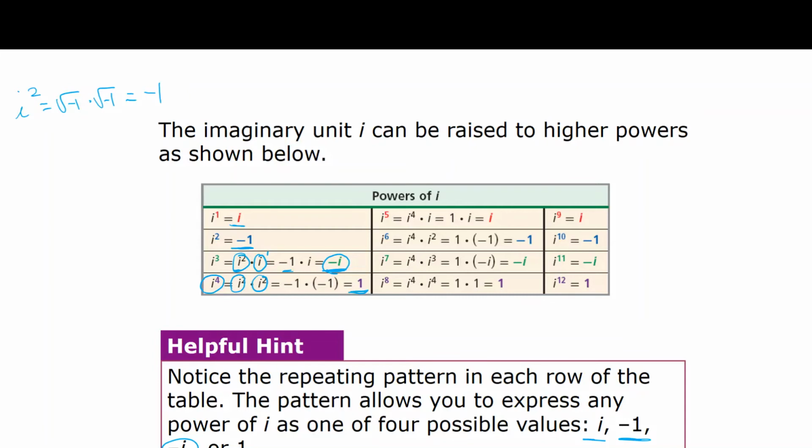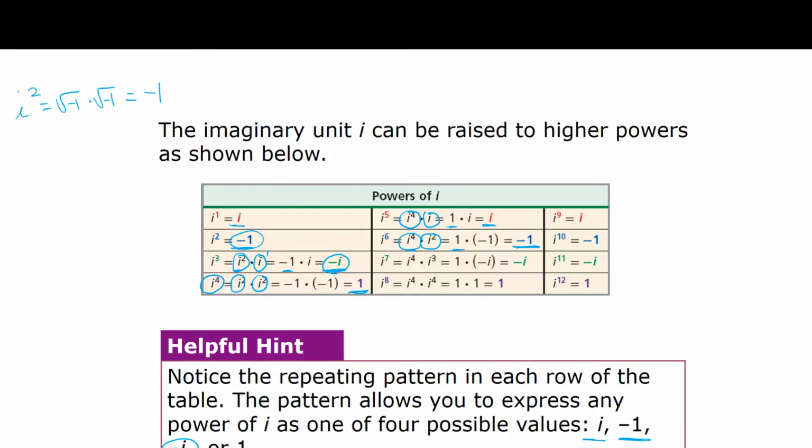Okay, so if we were to go to 5, again, we could now just say, well, 5 is made up of i to the fourth times i. And I know that i to the fourth is 1, and then times i, so it's i again. 6 is 4 plus 2, so that would be the 4, which would be our 1, and i squared is -1, so 1 times -1 is our -1.